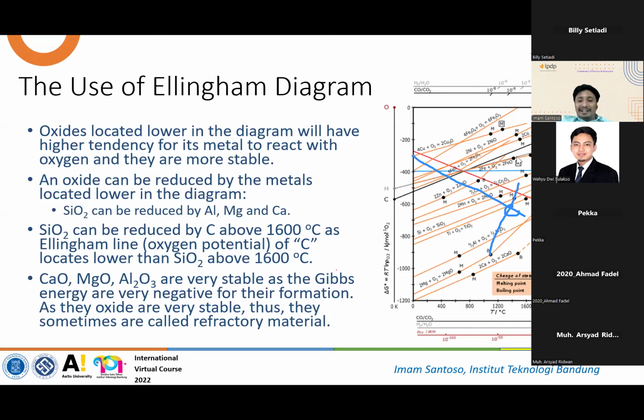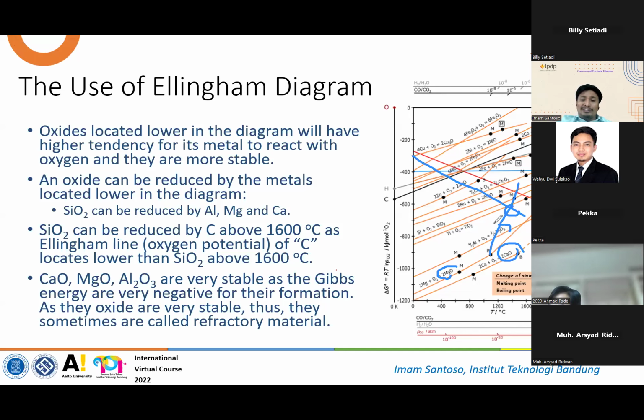You can see here CaO, MgO, and aluminum oxide. The oxides are so stable. They are located at the bottom of the Ellingham diagram. It means they are so stable because their oxides are so stable.